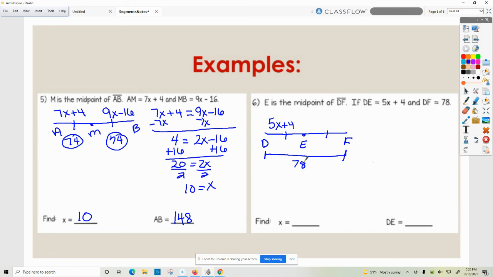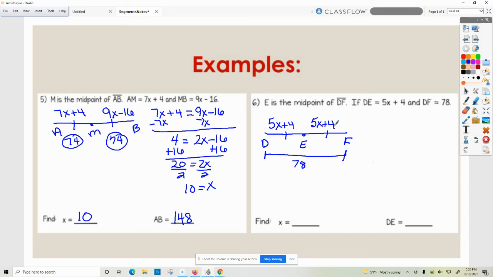Now this one is going to set up a little bit differently because you have a small and big, and you cannot put those two things equal. But I do know that whatever the length of D to E is, E to F is the same. So here's what I'm going to do. I'm going to jump my 5x plus 4 just like it from one side to the other side because they are equal.